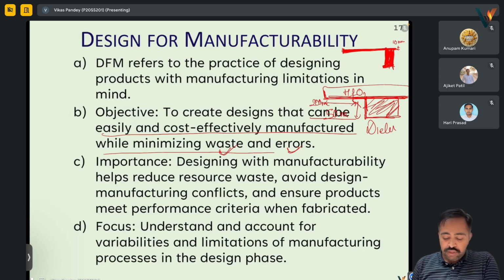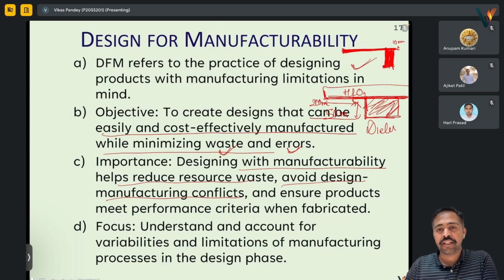Why is it important? Because designing with manufacturability helps reduce resource waste and avoid design-manufacturing conflict. Like I said, someone might give such a design, and when this design goes to a person who actually fabricates or manufactures, he will say no, this is not possible, or he might try and waste a lot of resources and then declare that no, this is not feasible.